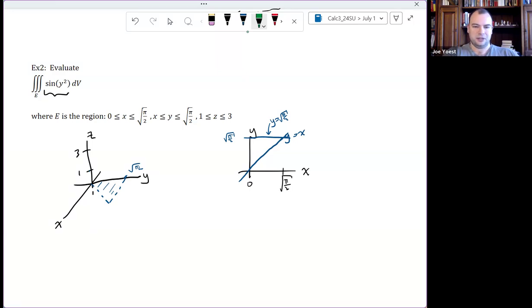So I make another one of these triangles at z equals 1, just going up 1 unit in the z direction. I make another one at z equals 3.